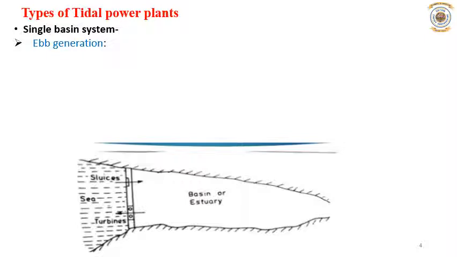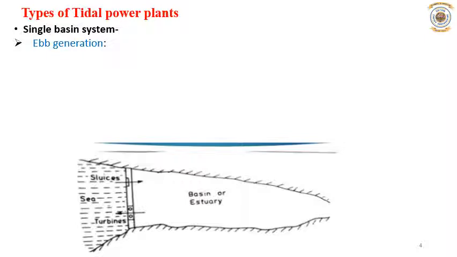Here is the sketch for a single ebb generation tidal cycle. You can see a basin, which is called an estuary, and the sea.